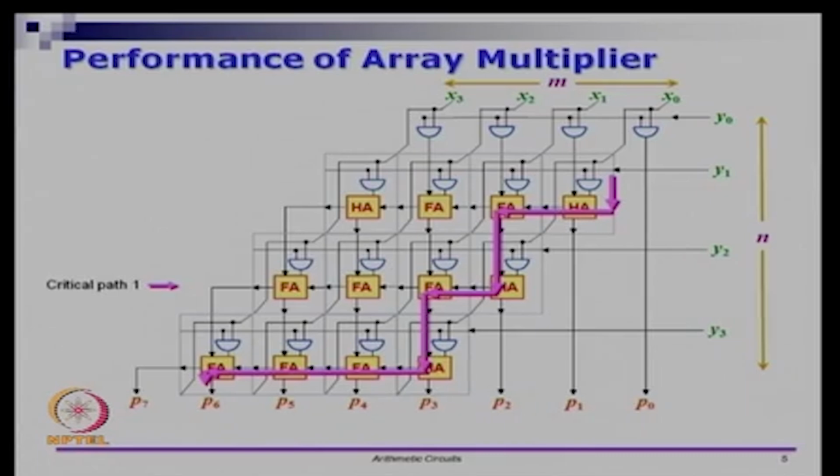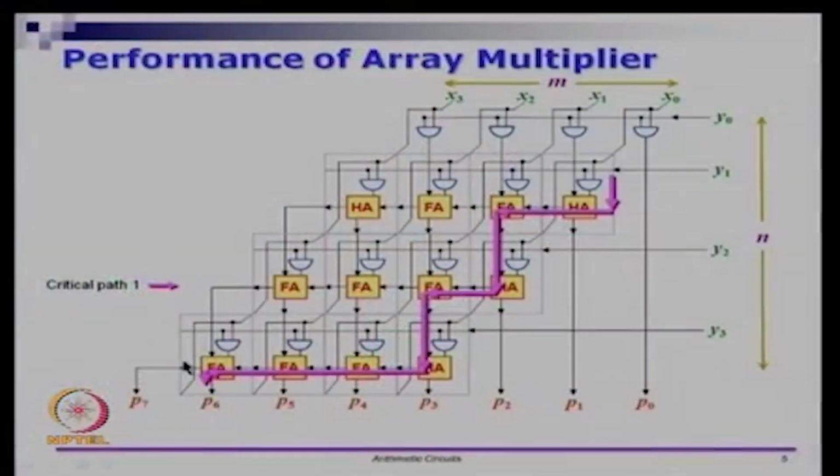In the very last step, the carry that is coming out of here may have to ripple all the way through to the leftmost side. So, that is a long path in the circuit. This is a long path, starting from the last bit and going all the way to the very first bit, the leftmost bit.